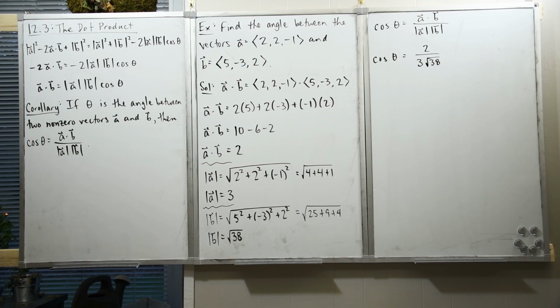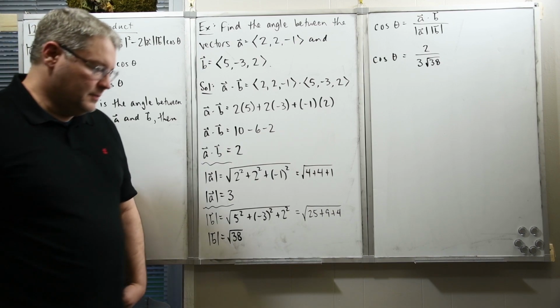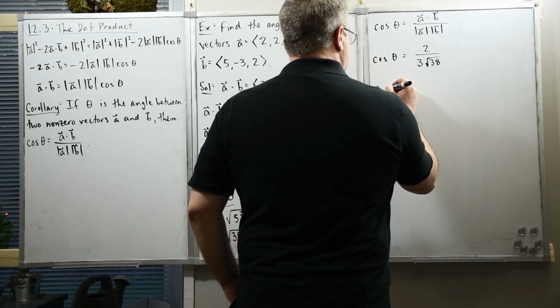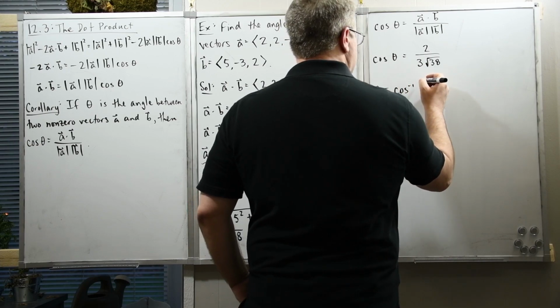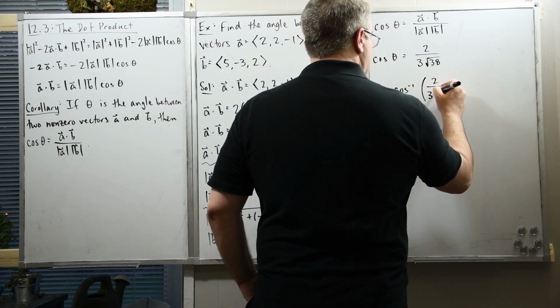Okay, so this gives us a representation for the cosine of theta. But if you want theta, then you'd want the inverse cosine of 2 over 3 root 38.